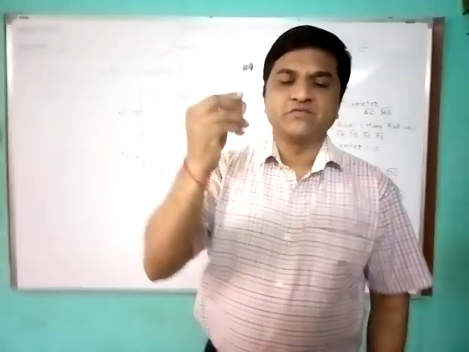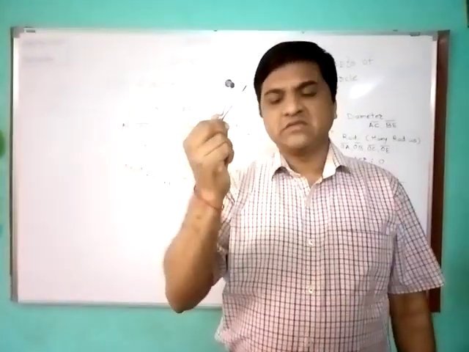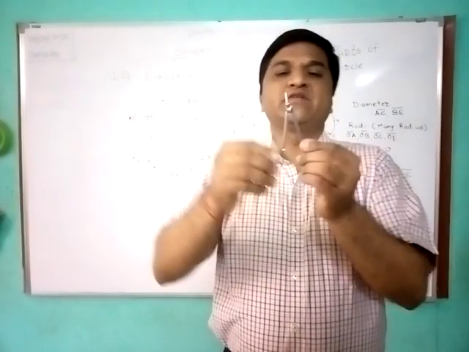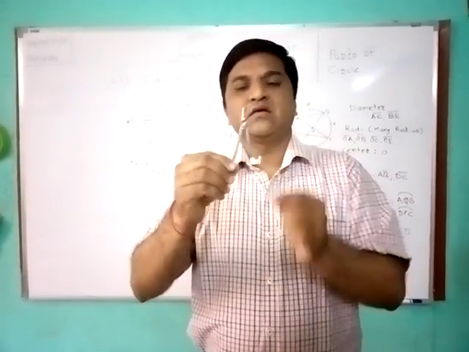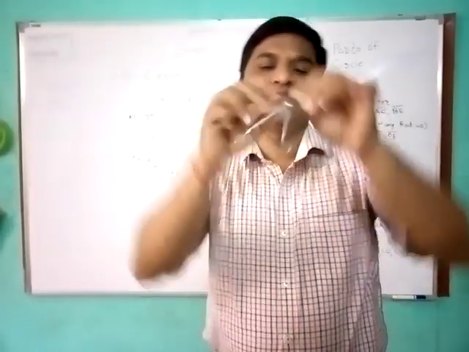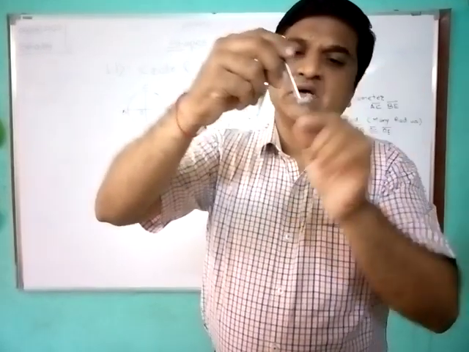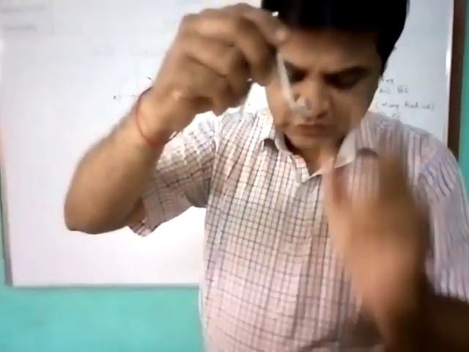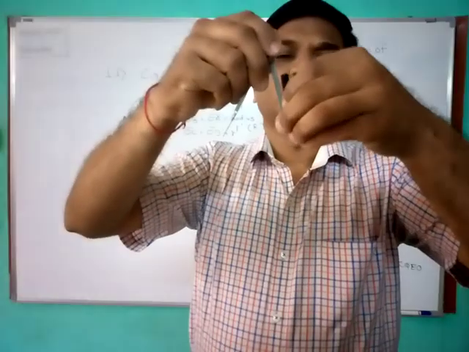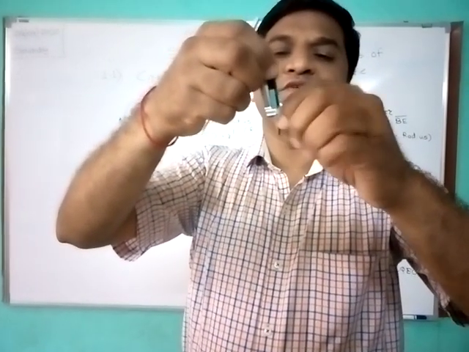The major component used for drawing circles in the geometry box is the compass itself. What are the different parts of the compass? There are two legs. One has a pointed end, another has a pencil holder. The use of the pencil holder is to hold the pencil firmly with the help of a screw.